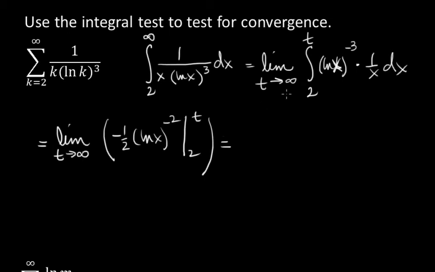I don't have a function of t yet, but I'll get one now. The limit as t approaches infinity of, you know what, let's bring that minus 1/2 all the way out here.